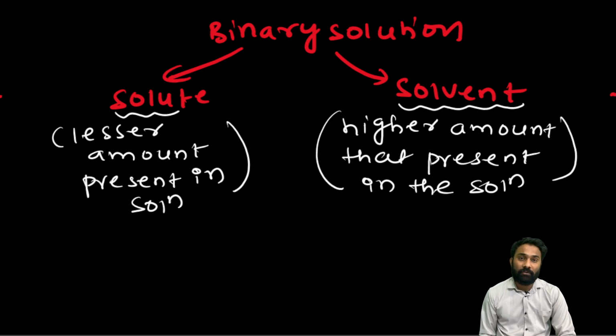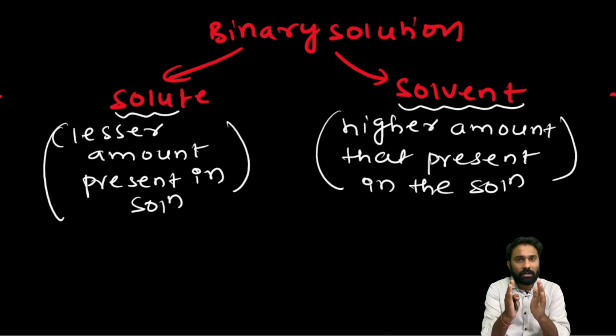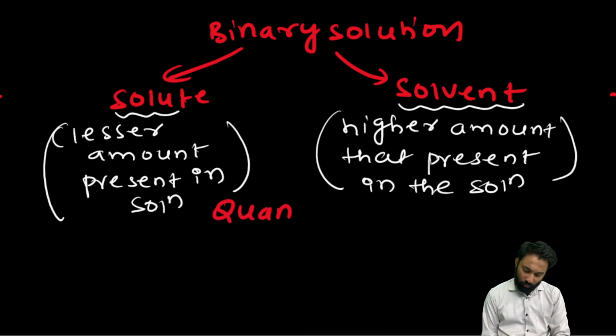So how do we identify which one is a solute and which is a solvent? If suppose you take water and sugar, we can identify which is solute and which is solvent by seeing the quantity. By seeing which quantity can we say?